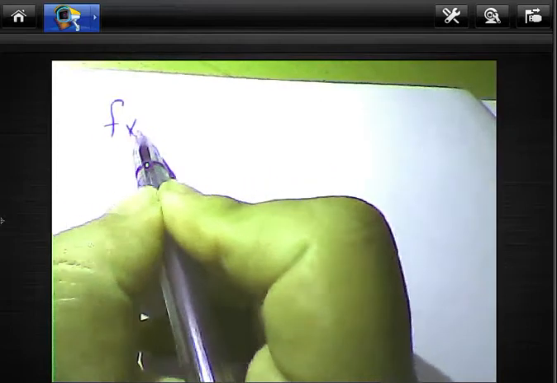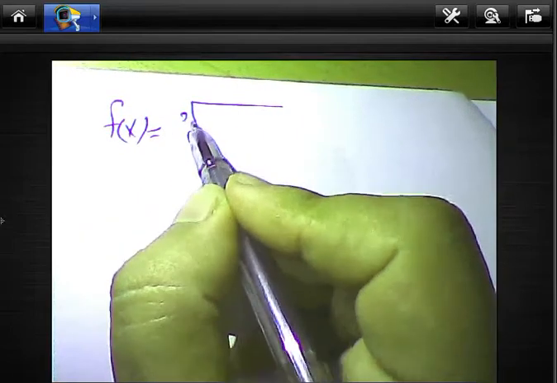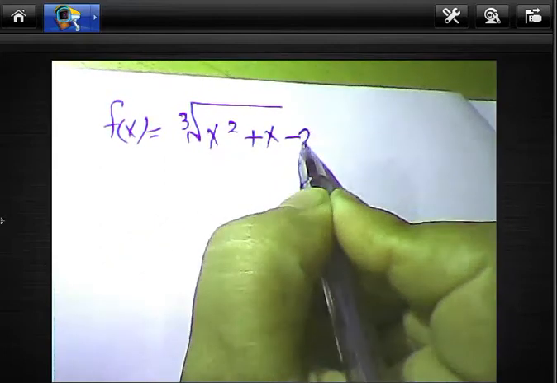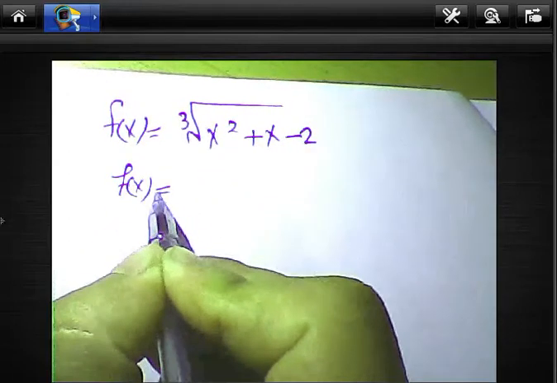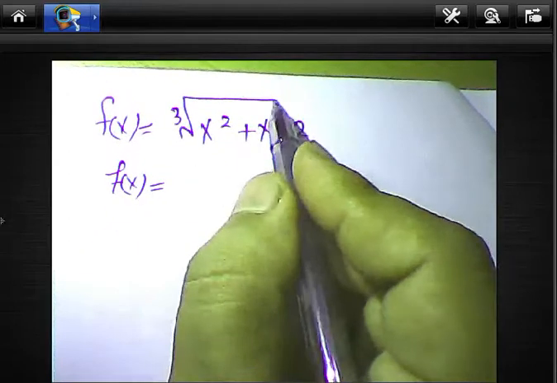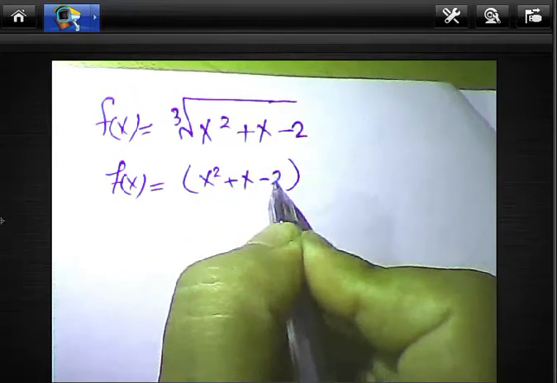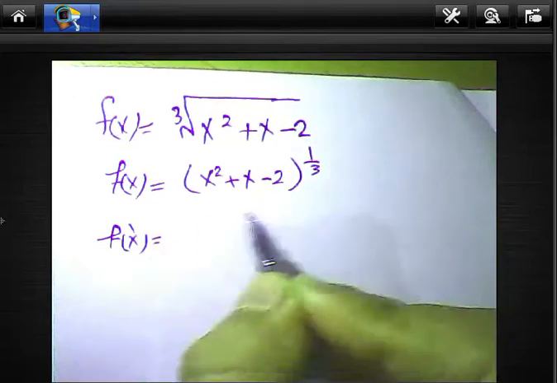Look at another example. f of x equals the cube root of x squared plus x minus 2. We can find the derivative of the function by writing this expression, x squared plus x minus 2, to the power one third, and then we find f dash of this expression.